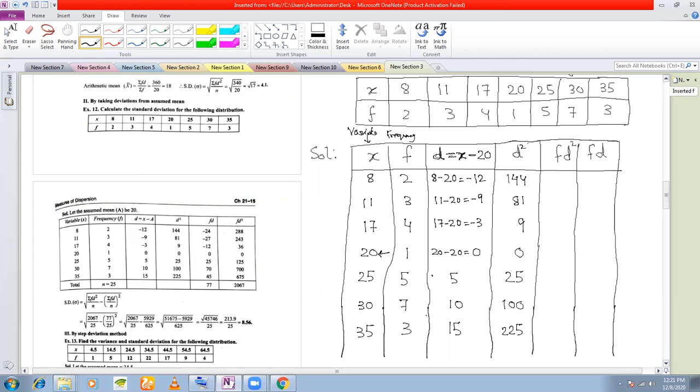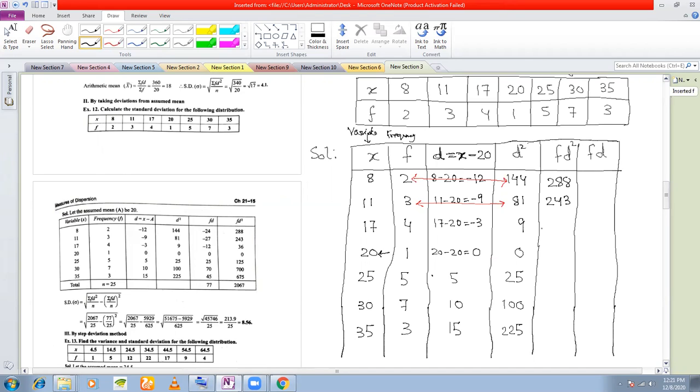Now once we have found this, we'll multiply f and d square. These two we will be multiplying. Let's multiply 144 into 2, which is 288. 81 into 3 is 243.